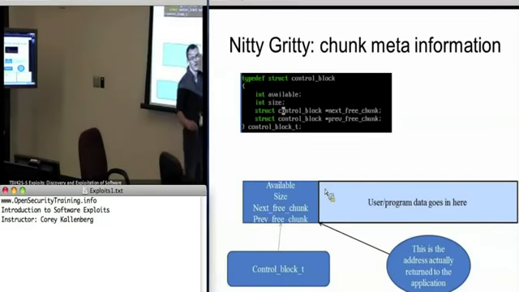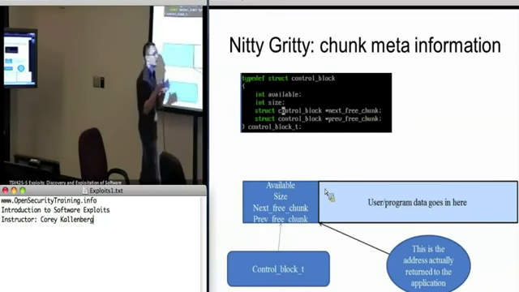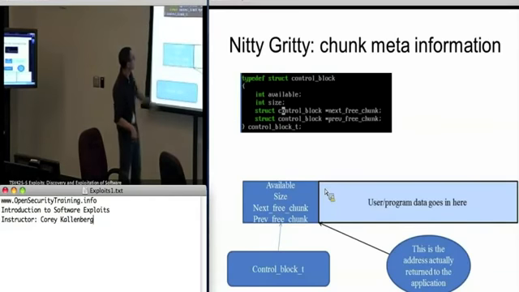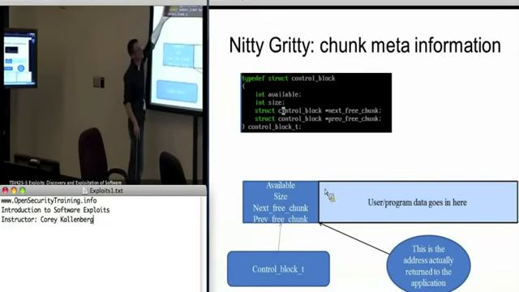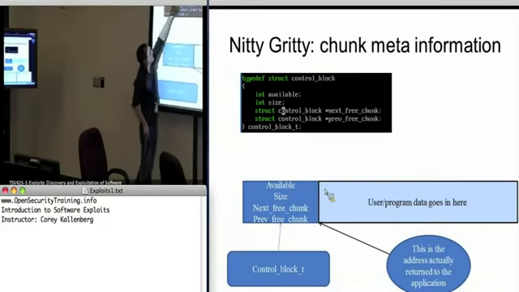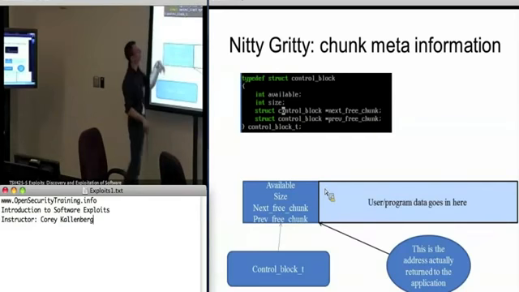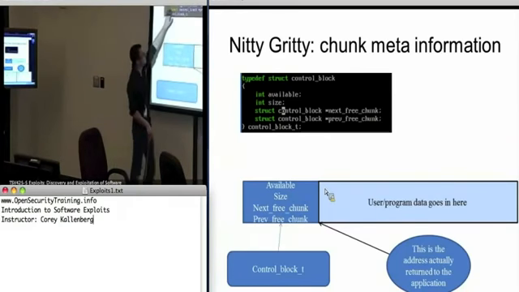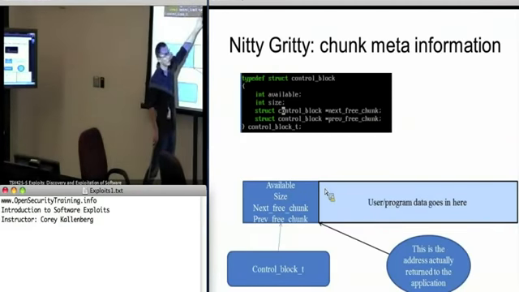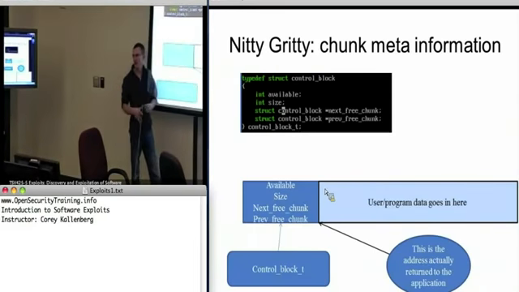That's what my allocator uses, alloc and dealloc, not malloc and free. This is the chunk meta information, the actual C struct. Available, size, the other side is just a 32-bit integer instead of a Boolean value, doesn't matter. Pointers to the next free chunk and the previous free chunk. So we're storing the linked list in the beginning of the chunk information.